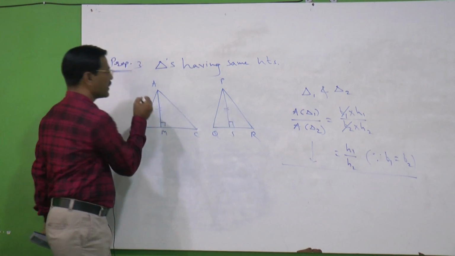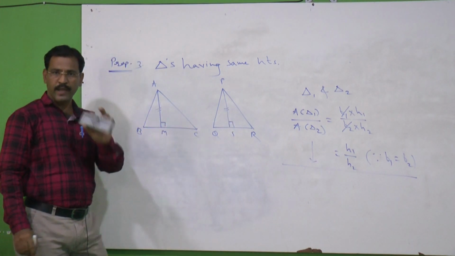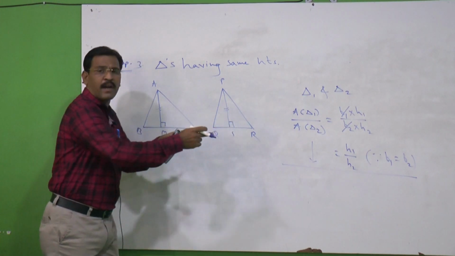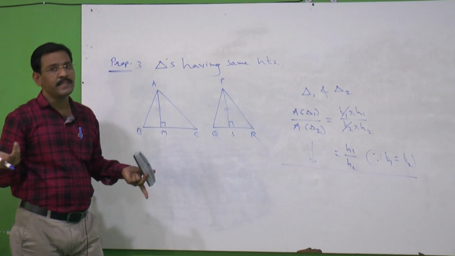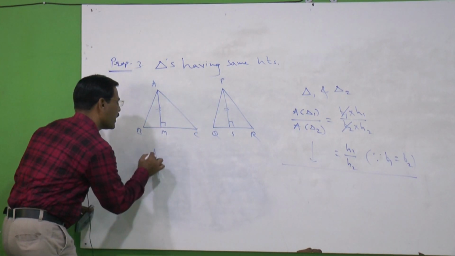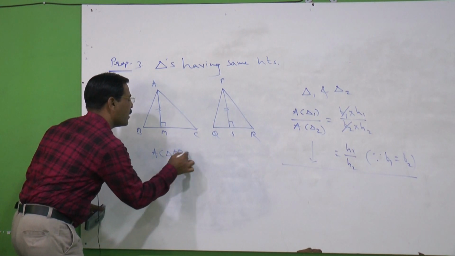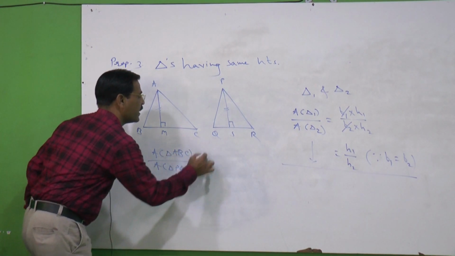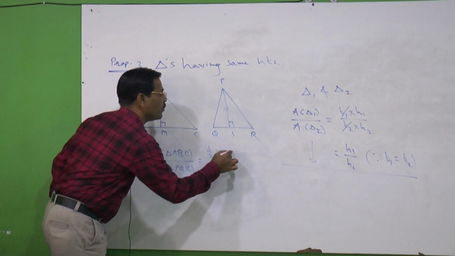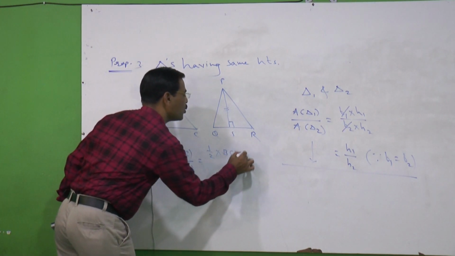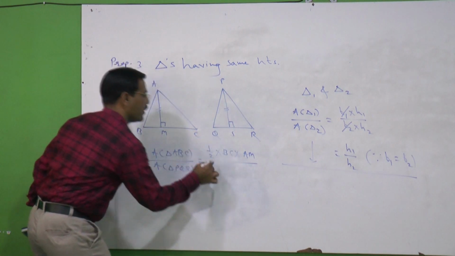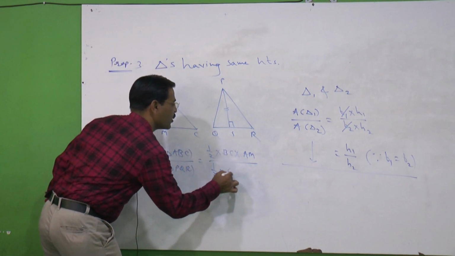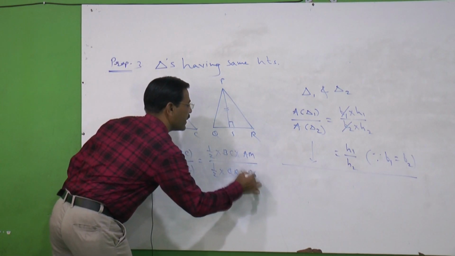They have bases BC and QR. The bases are different, the heights are the same. So the area of triangle ABC upon the area of triangle PQR is equal to half into base BC into AM upon half into base QR into PS.